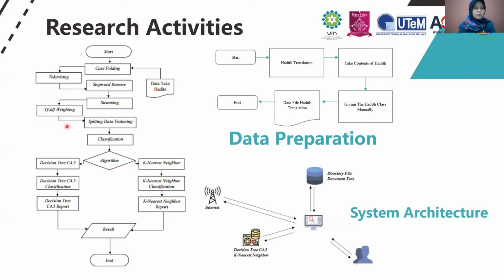And then we conduct the term frequency and inverse document frequency weighting, and we split the data to be training data and testing data. We conduct the classification process with decision tree C4.5 and k nearest neighbor algorithm. Then we get the result of classification of the validity of the hadith text.